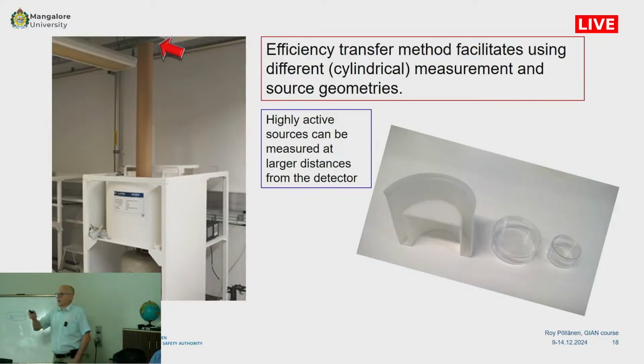I can tell you that several years ago I measured a 1 gigabecquerel plutonium-238 source using this. Normally you cannot put megabecquerel sources on the detector. The so-called dead time is too large. But gigabecquerel is even 1,000 times more active.